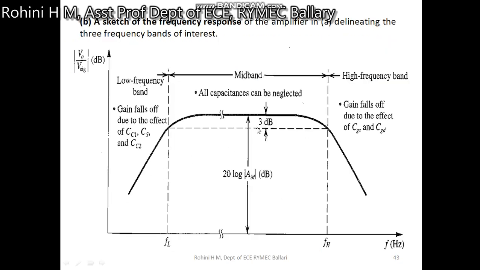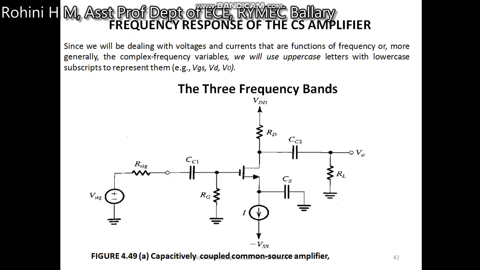So these are the 3 frequency bands. What are they? The low frequency band, then the mid band, and next the high frequency band. This is the response curve we obtained as a result of this circuit.